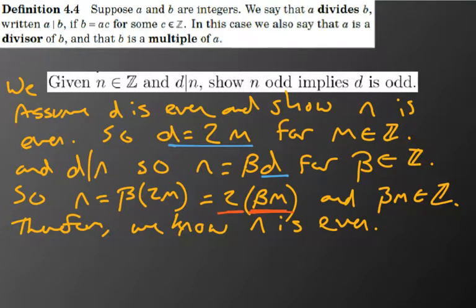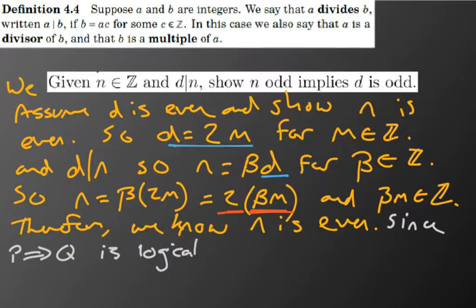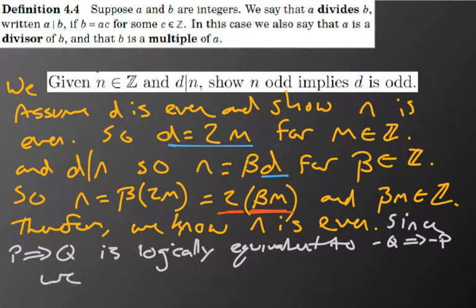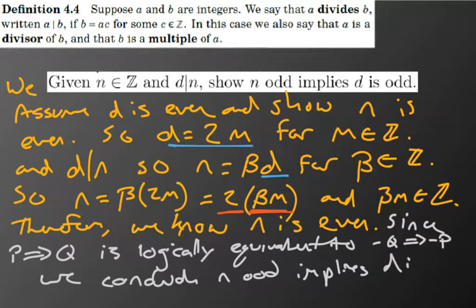And that was exactly what I needed to show. So then we could say something like, since P implies Q is logically equivalent to not Q implies not P, we conclude N odd implies D is odd.